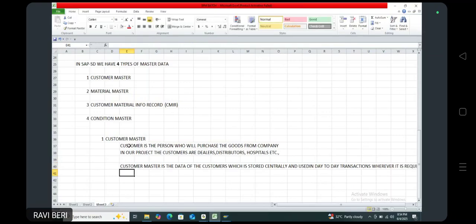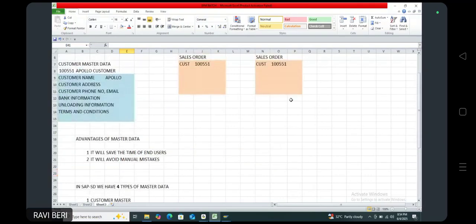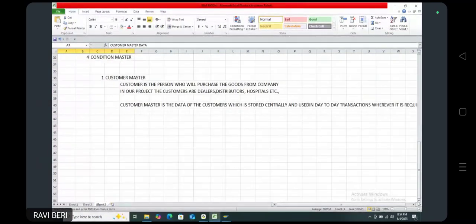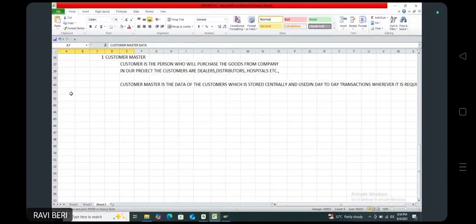For example, his name, address. So customer master is the data of the customer which is stored centrally and used in day-to-day transactions wherever it is required. Okay.